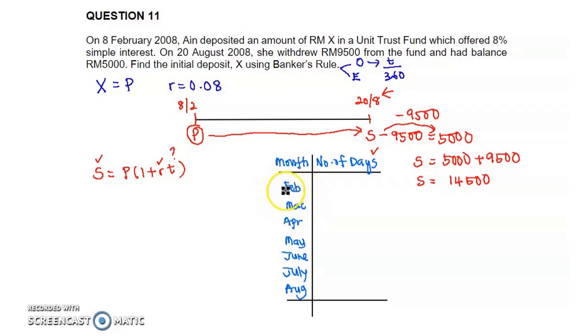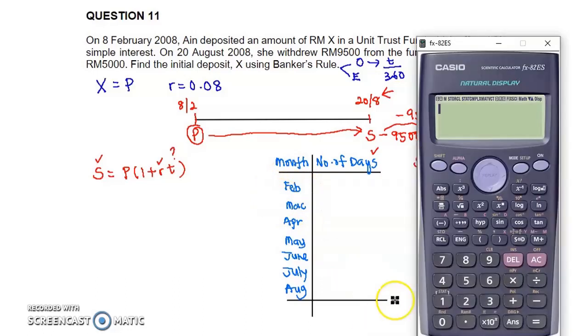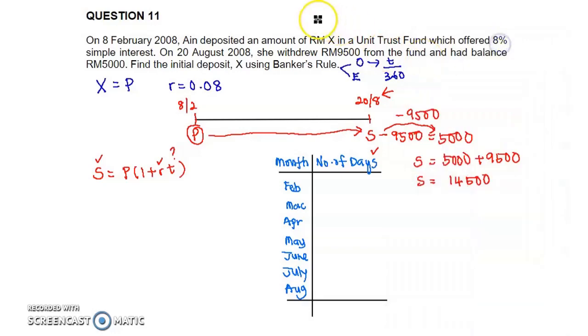Now check February 2008. Leap year or non-leap year? 2008 divided by 4. So we get whole number, no remainder. So means that 2008 is leap year. So February, if leap year, we have 29 days. Starting date is 8, so minus 8. So in February, we have another 21 days.